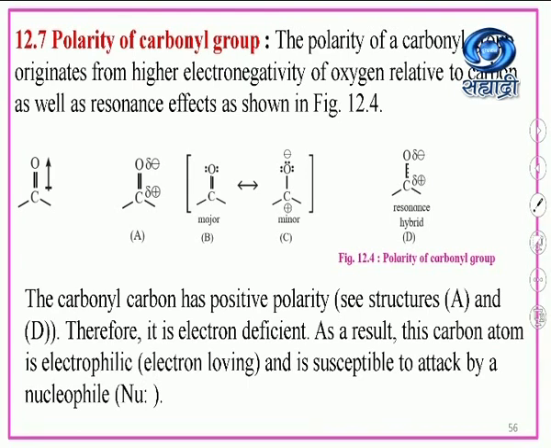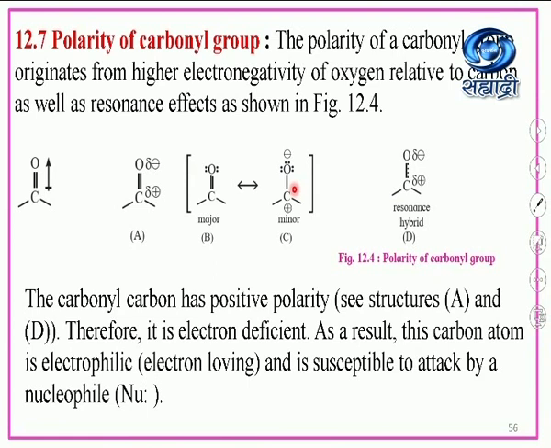In the next structure the carbon carries the partial positive charge, and there is one bond joined to the carbonyl oxygen, which carries three lone pairs of electrons. So it carries the partial minus charge. This is a minor structure. These two structures, B and C, are resonance structures of each other.